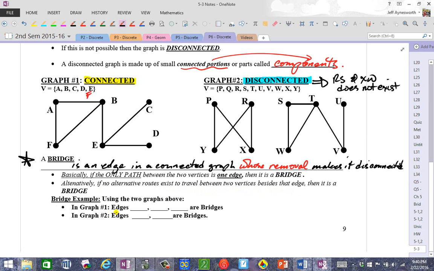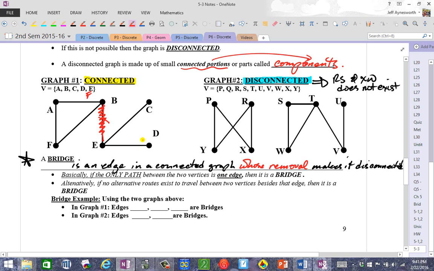So in graph number 1, what are the possible edges? Well, one example would be BE here. If I took this away and I erased it, boom, it's gone. I can't erase it, but let's suppose I did. Then we'd have this triangle looking portion of the graph and this other part that looks like CE and ED connected.